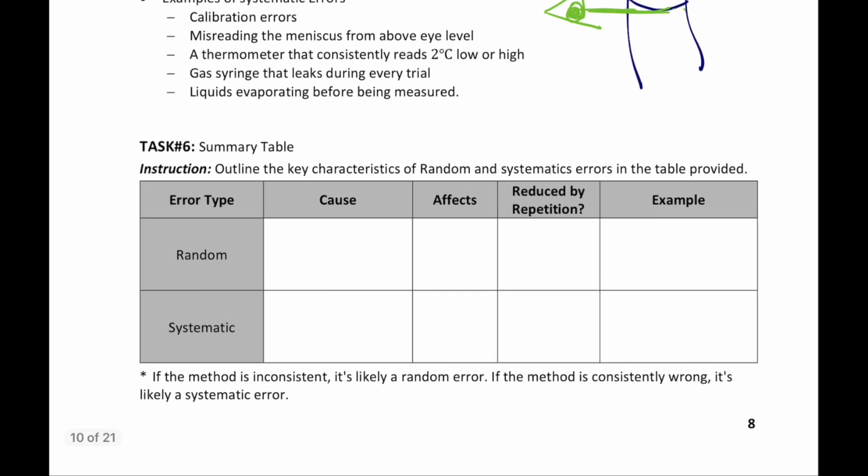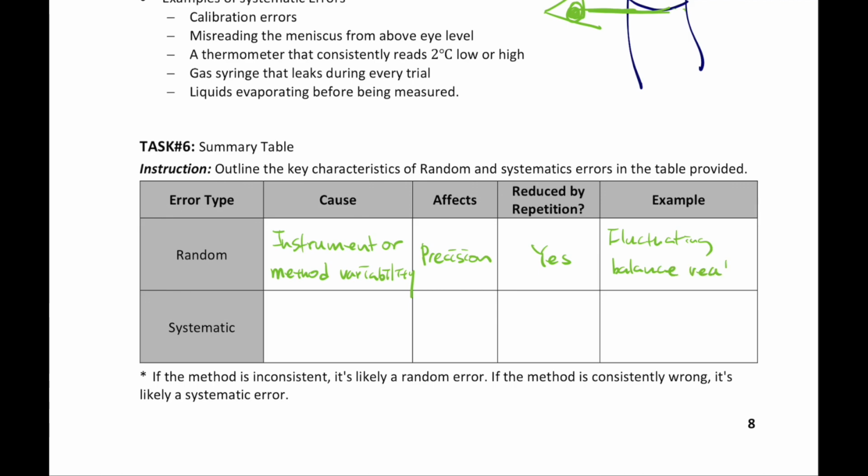Then let's summarize everything that we just discussed. A random error can be caused by the instrument or method, and it affects precision. It is reduced by repetition, so we can reduce it by repeating the trials. An example is fluctuating balance readings.